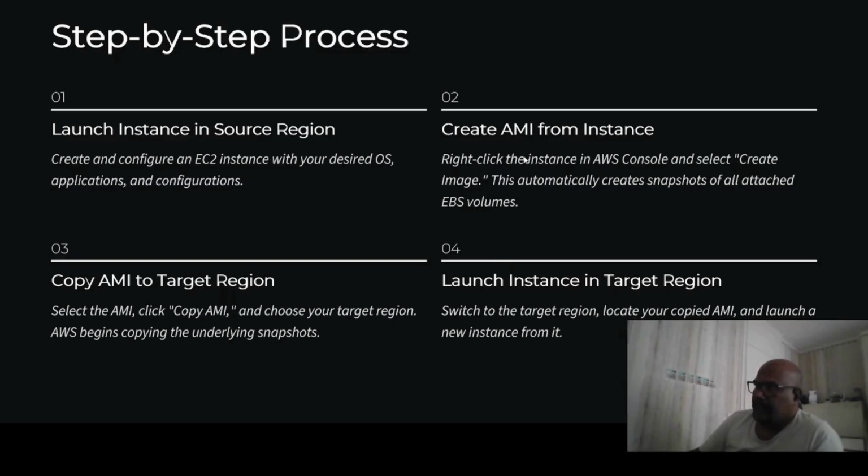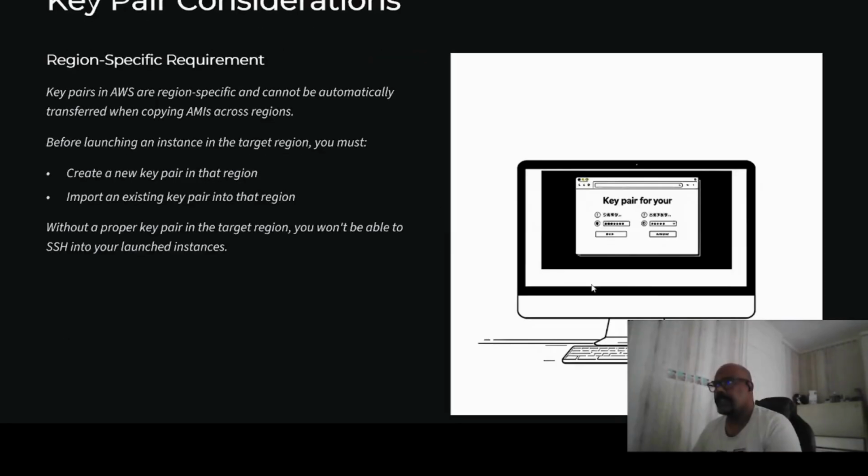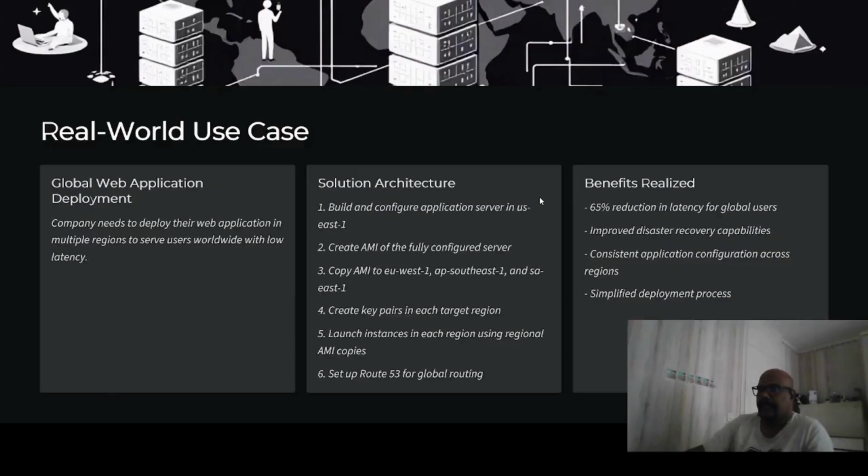Then we create the AMI image from the copied image, then launch the instance in the target region. These are the steps. And in the target region we need to separately create a new key pair. That is a very important point.